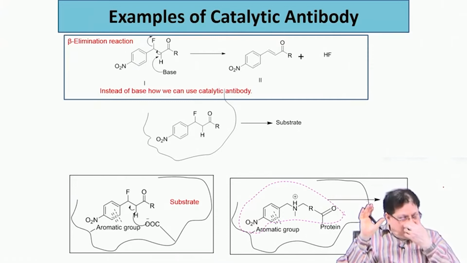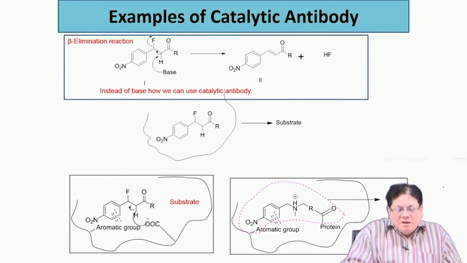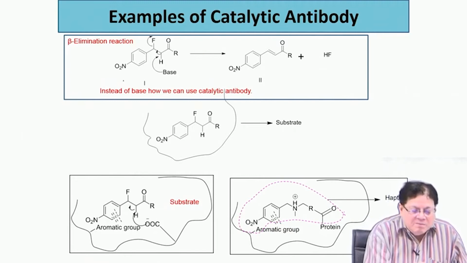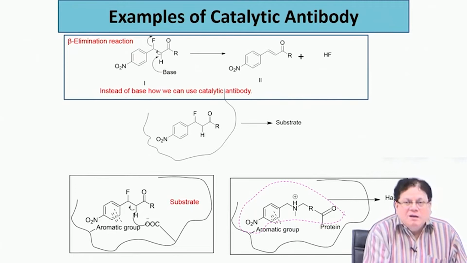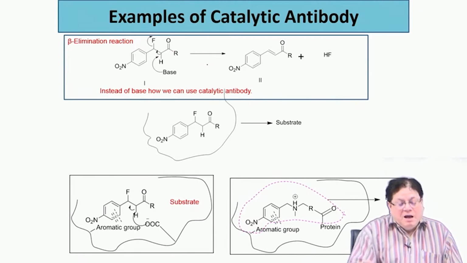Okay. I think if I give an example, it will be much clearer. See, there is a molecule, a nitrophenyl with a fluorine at the benzylic carbon, and then there is a hydrogen, and this hydrogen has been made quite acidic because there is a carbonyl group attached to it.